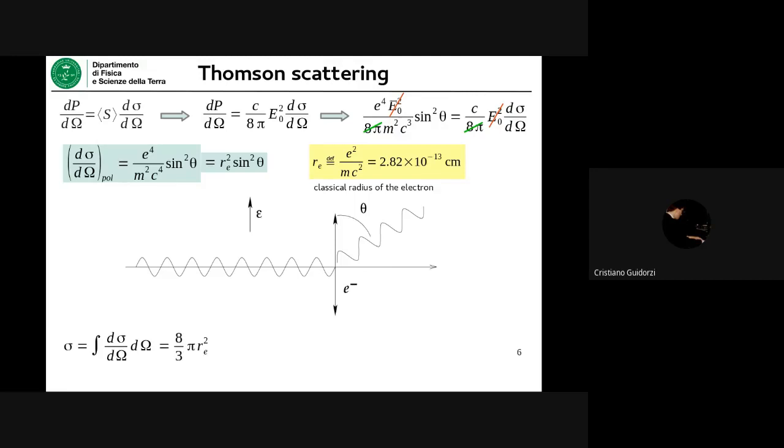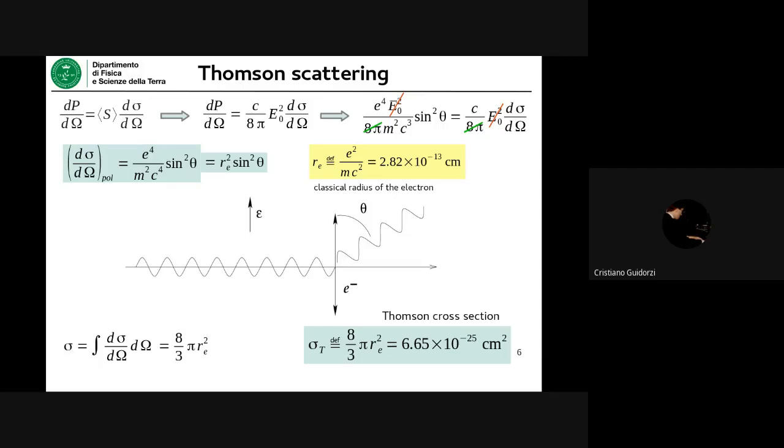So the total cross-section, in the case of Thomson scattering, is 8/3 pi times the radius of the electron squared. This is so important that it has been given a name, which is denoted with sigma t, where t stands for Thomson. So 8/3 pi times the classical radius of the electron squared is the so-called Thomson cross-section.